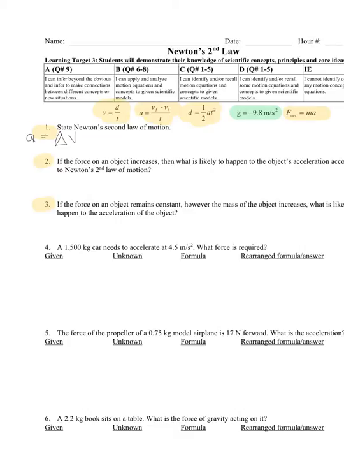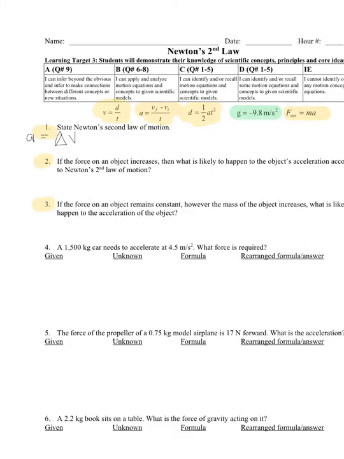All right. And what we can say, technically speaking, is that the acceleration of an object is inversely proportional to the mass and directly proportional to the force applied on it.